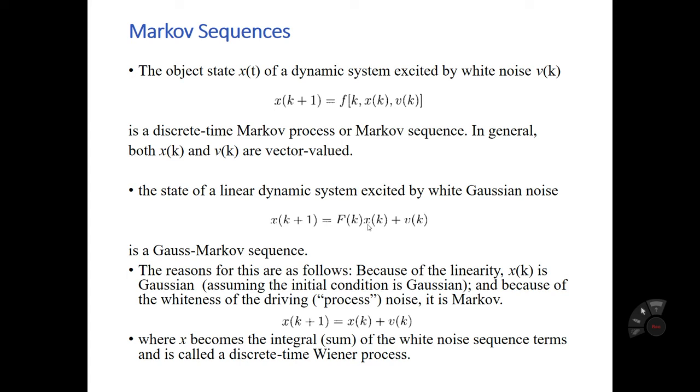Suppose x is a 4 vector, meaning 2 position components and 2 velocity components. So it is a 4 by 1 vector: x, y, x velocity, y velocity, and this is a 2 by 2 matrix.